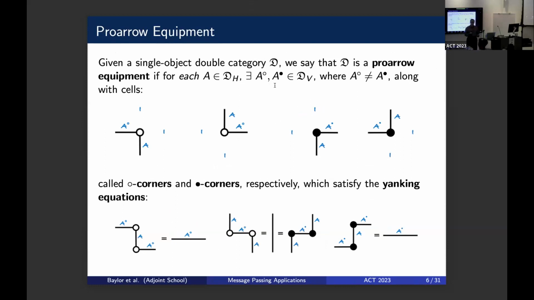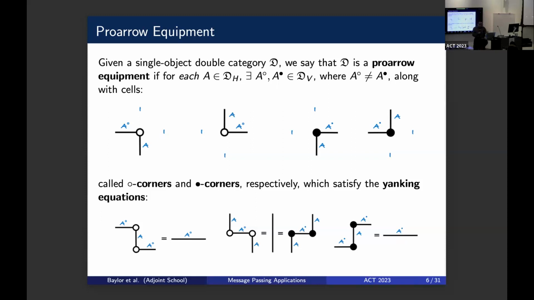So the interpretation for this free cornering, as we'll soon see, is that A white circle will represent sending a resource from left to right, and A black circle will represent sending a resource from right to left. So for example, this corner cell here, if you can see my mouse, will represent taking a resource A and sending it from left to right.